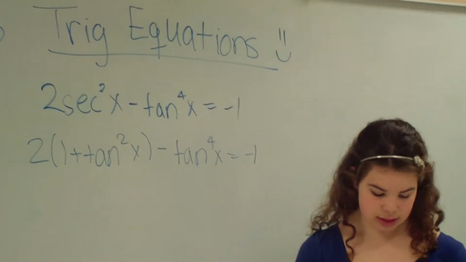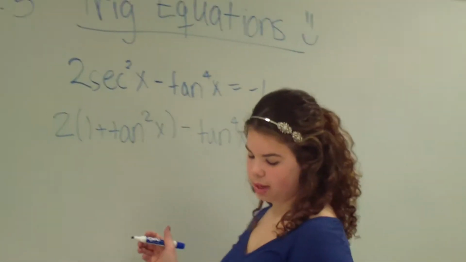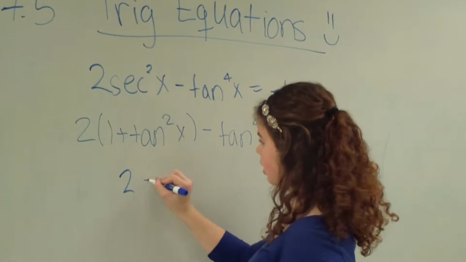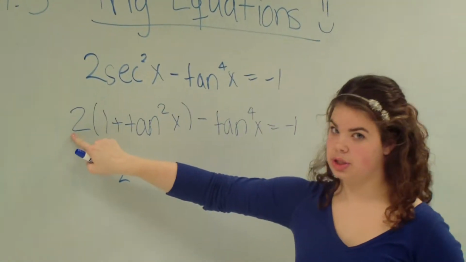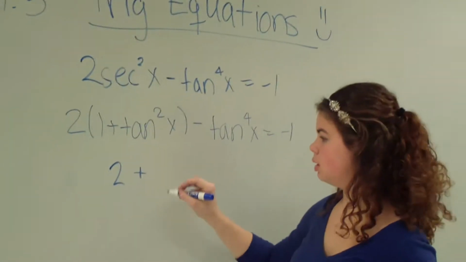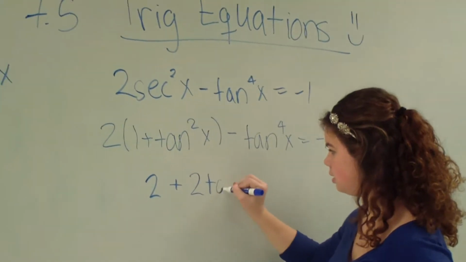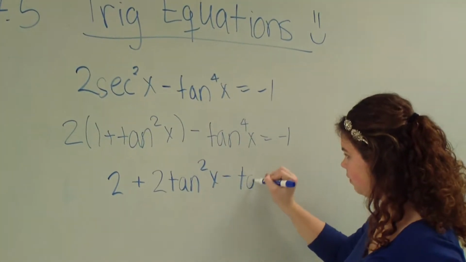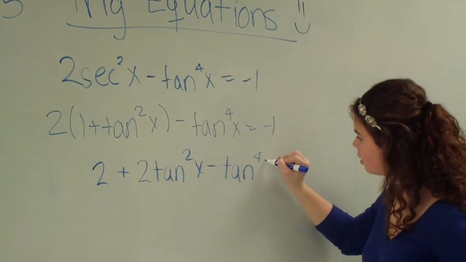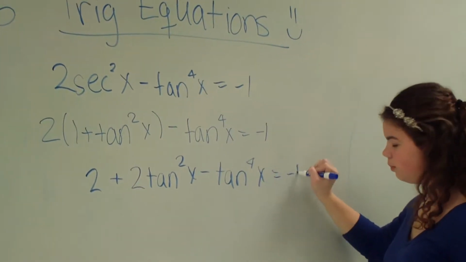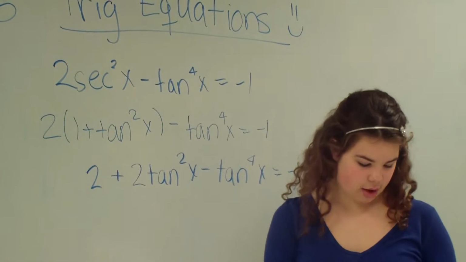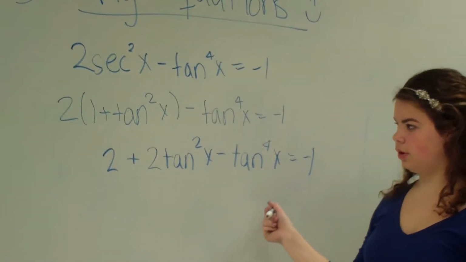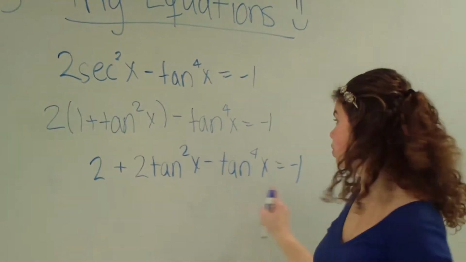Okay, so now we can simplify this further to 2 plus, distributing the 2 here, 2 tangent squared x, minus tangent to the 4th x equals -1. Okay, so then we can simplify this even further by getting our numbers to one side.